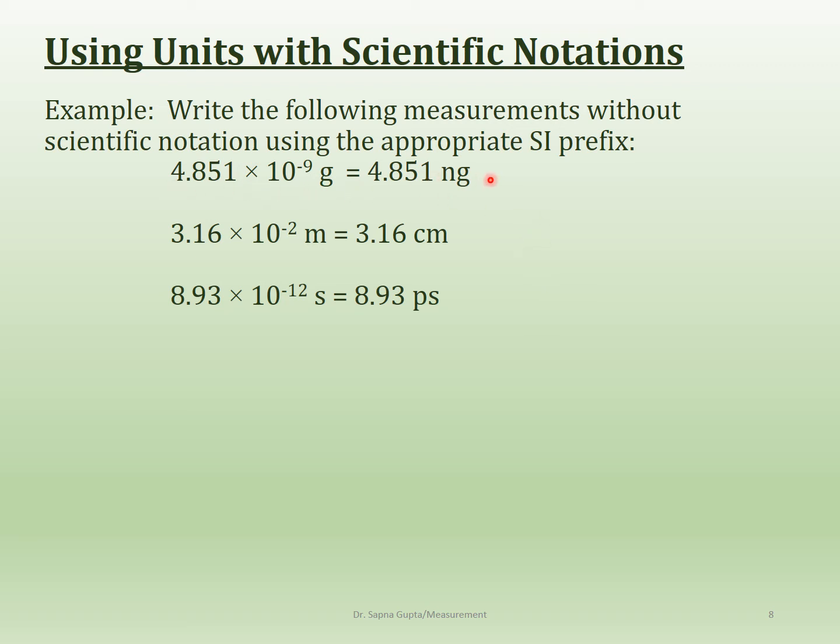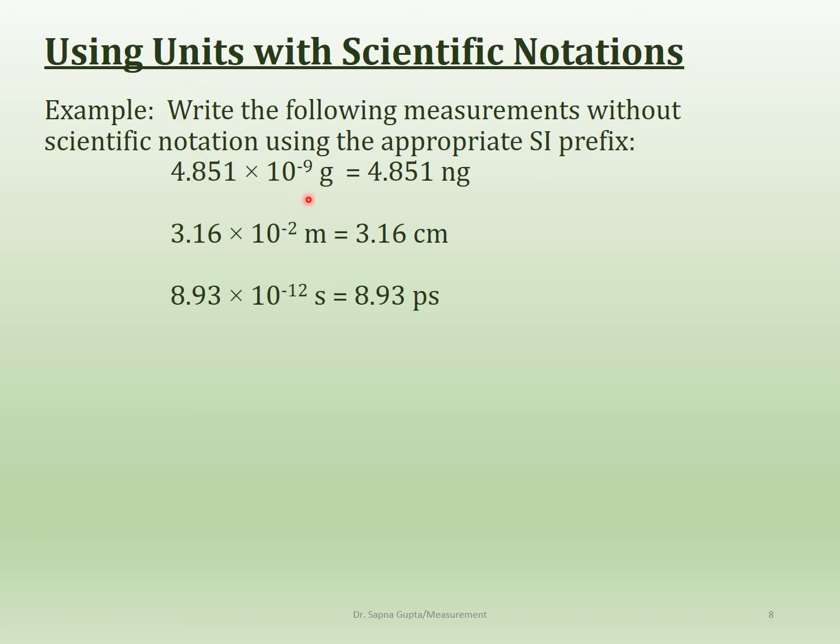The other thing I also mentioned to you back there was that you need to know the conversion of all of these things. You should be able to do this without looking at the table, with just your mind. And so here we have 4.851 times 10 to the negative 9 gram. What is the approximate SI prefix for this one?